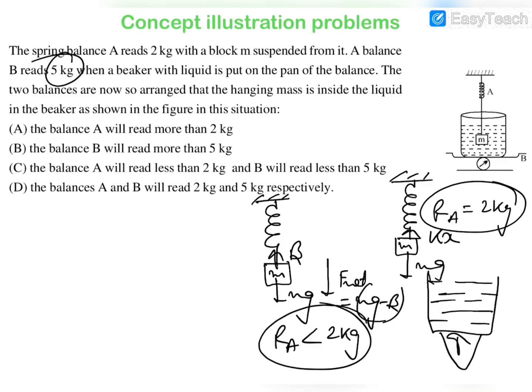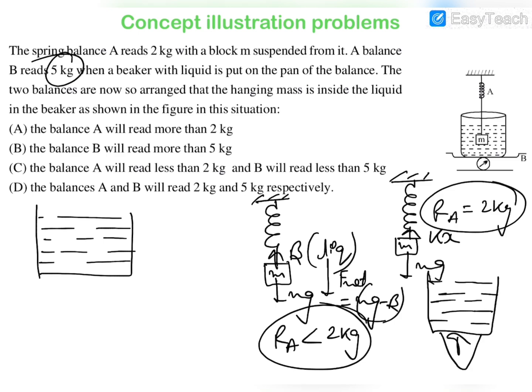And we know that this buoyancy is applied by the liquid on the block, and hence buoyancy follows the action-reaction law. So this block will also apply a reaction of buoyancy, which is equal to the buoyancy obviously, and the initial weight of the liquid plus container was 5 kg.